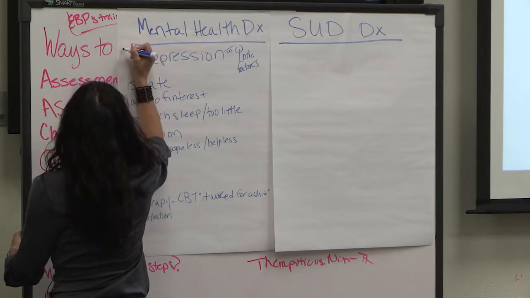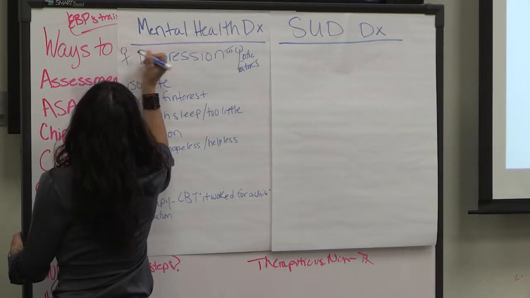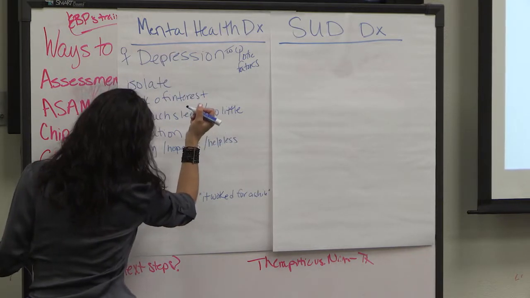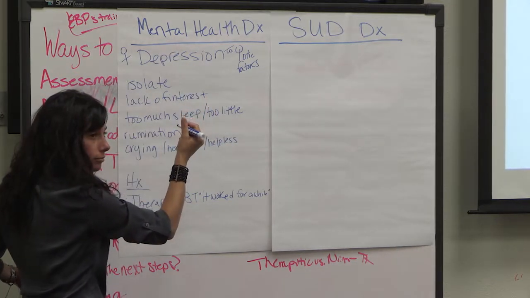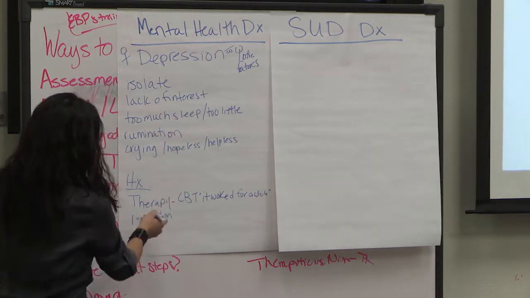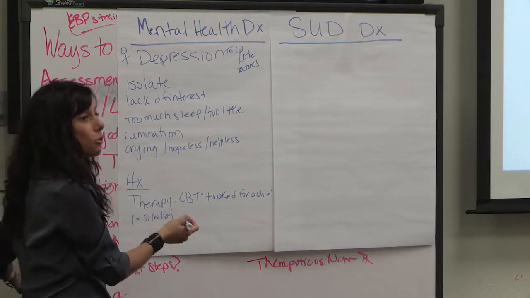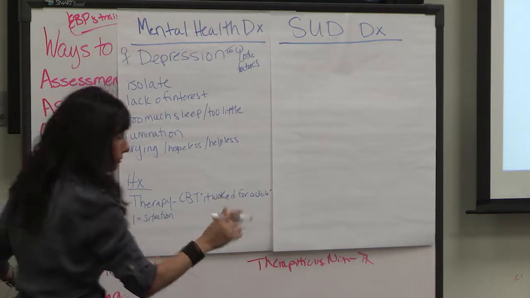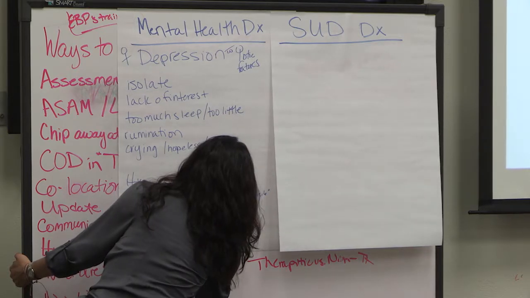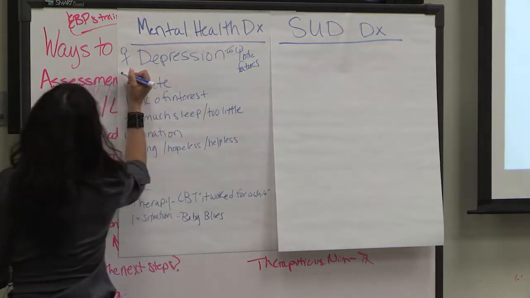Let's see. Is this a male or female? Female, let's make it complicated. Postpartum depression. Okay. How about once it was situational, but it was the baby blues? Then the third time was empty nest. Okay, sure.